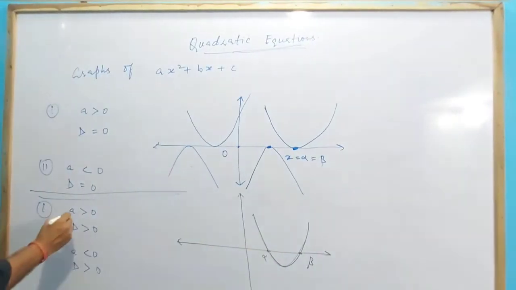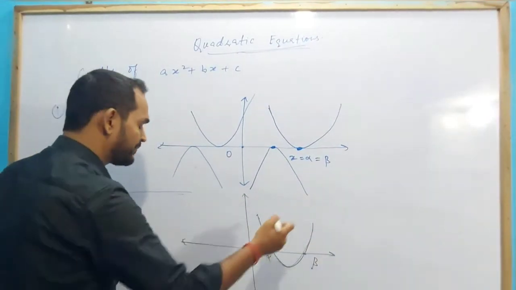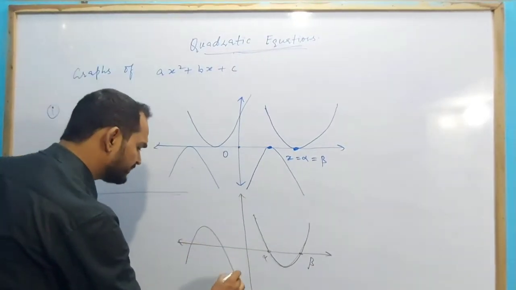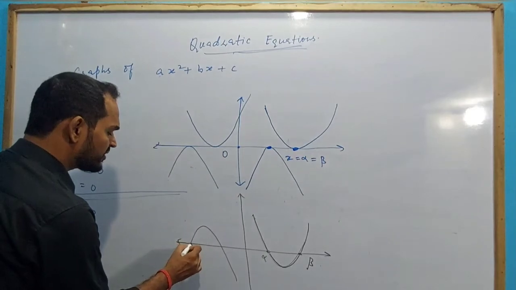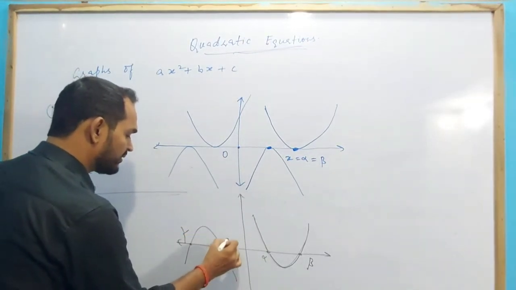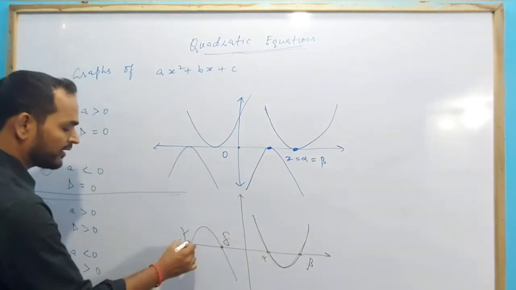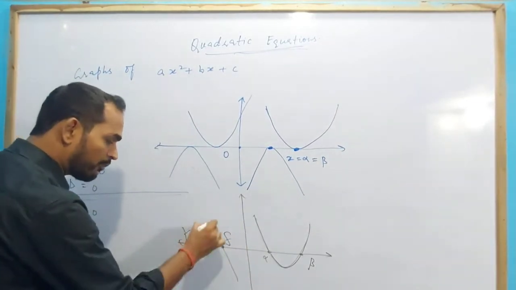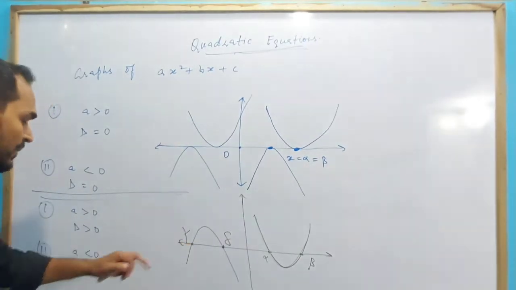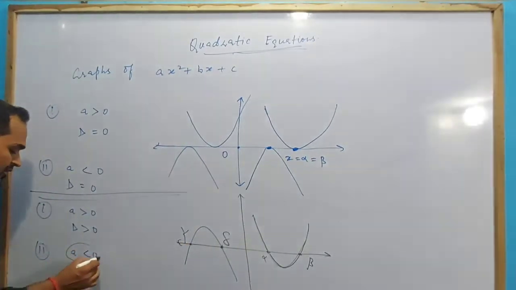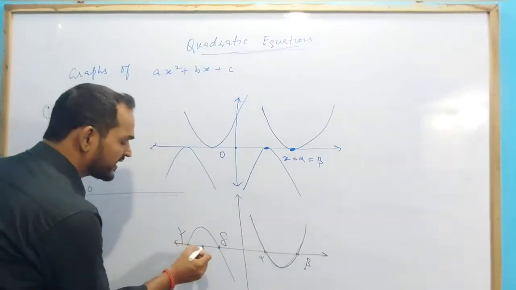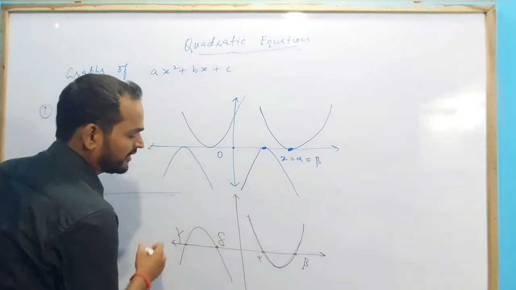In the second case the graph will be something like this, and let's say here is some point gamma, here is some point delta. So it is a downward parabola, because a is less than 0, and since D is greater than 0, it will intersect the x-axis at two distinct points.